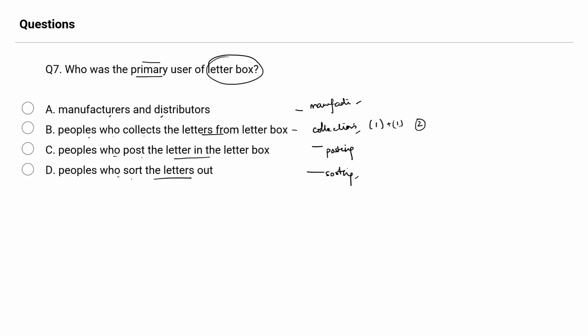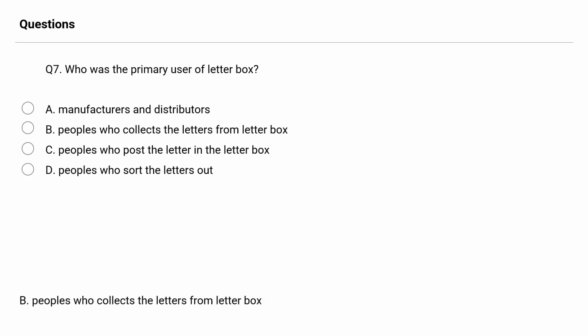Yes, sir. I think even we are very, very rare users as well. Though it's obsolete only because of technology change, emails and messages. Correct, correct. So great thought process. The correct answer is B. Well done, sir. People who collect the letters from the letterbox.